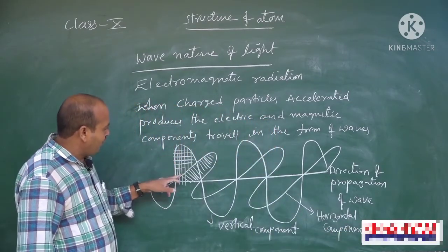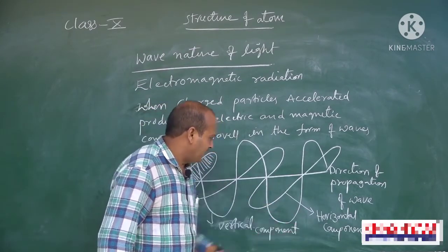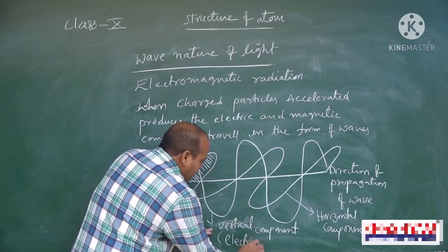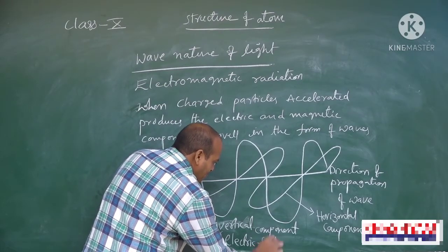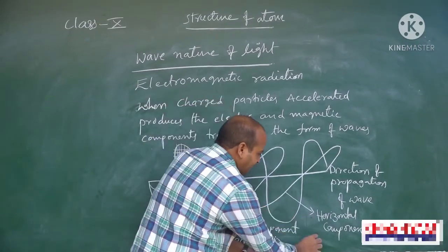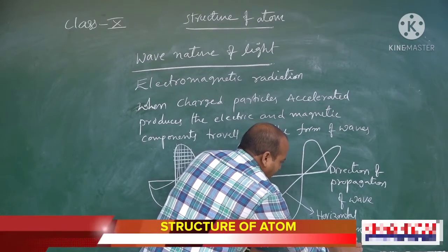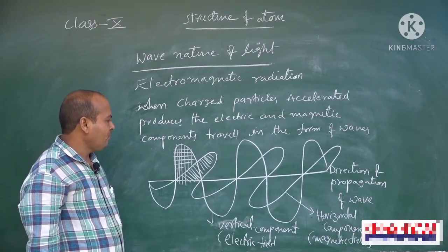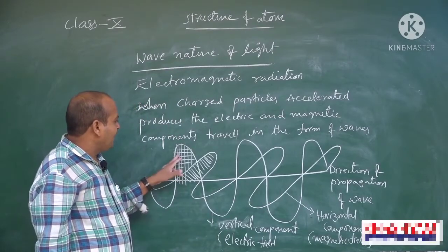The vertical component is taken as the electric field, and the horizontal component is taken as the magnetic field. These two are transmitted perpendicular to each other.